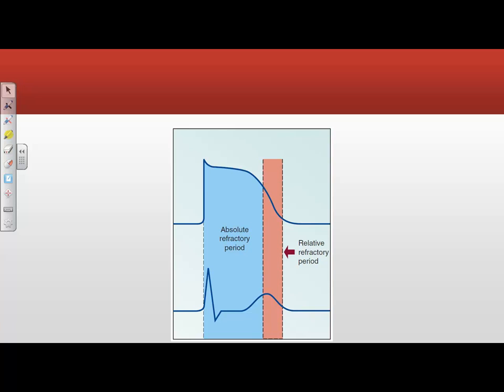Then the relative refractory period is from the peak of the T wave to where we get to resting potential. All right. Now, why is this important? From the start of the Q, all right, to the peak of the T.